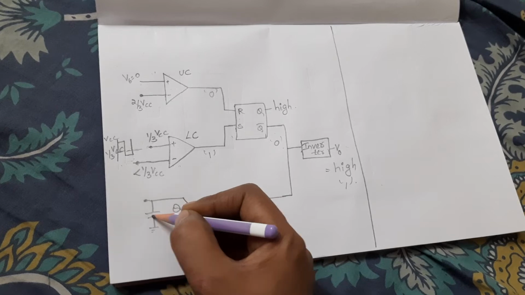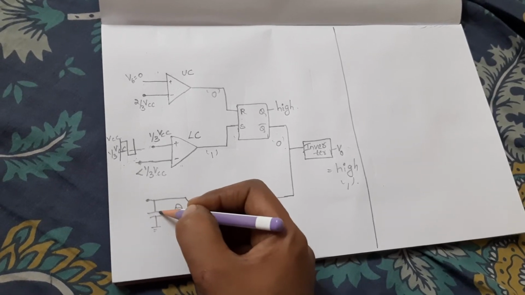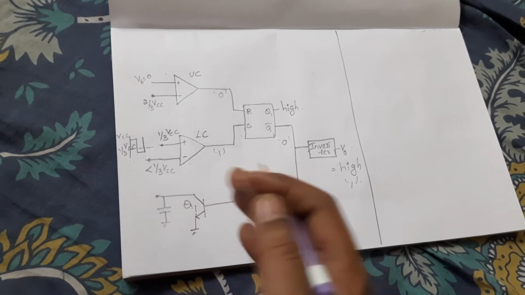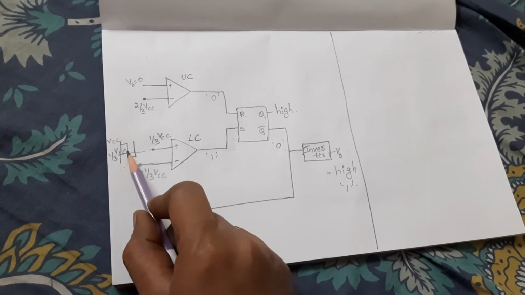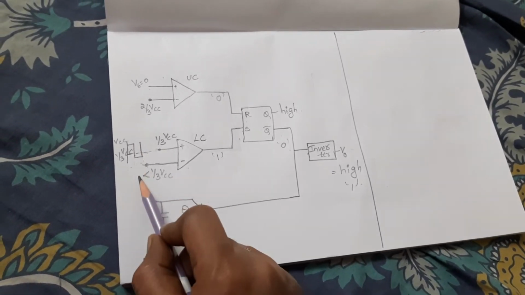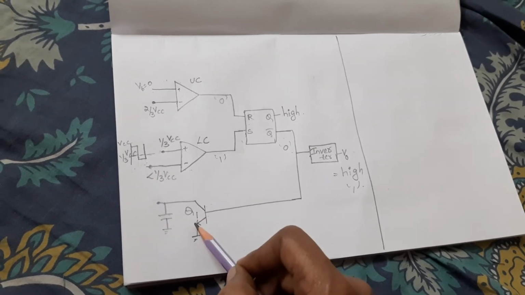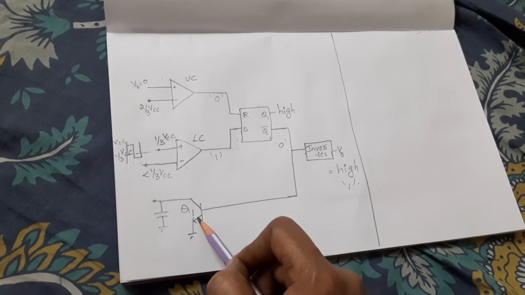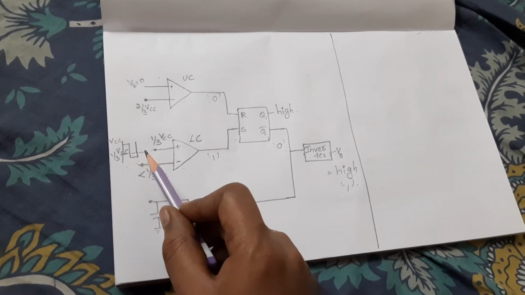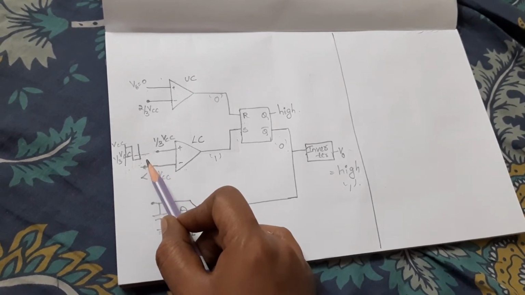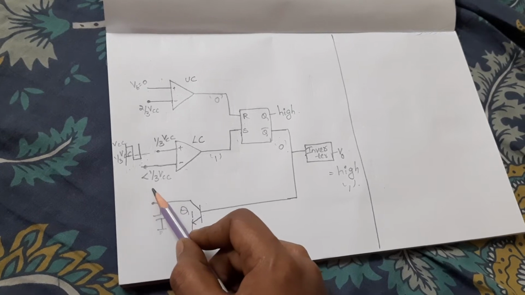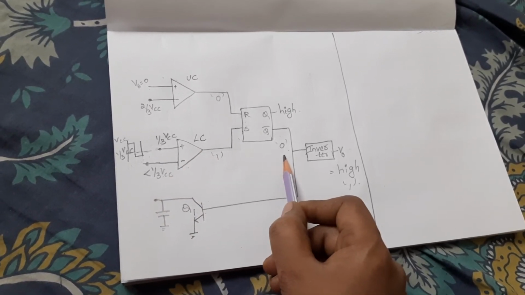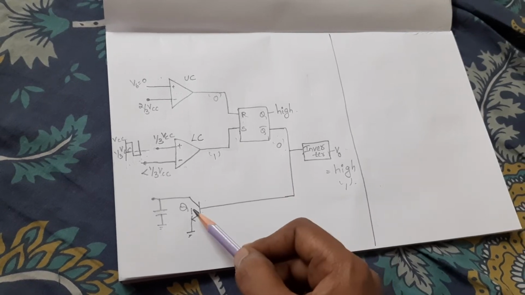Now what happens? This capacitor is now connected to plus VCC. Before giving this triggering pulse, it will be at VCC, so the transistor will be on and the capacitor has a discharge path. Now we applied the negative going triggering pulse, and when it is less than 1/3 VCC, Q bar is 0, so the transistor is off.